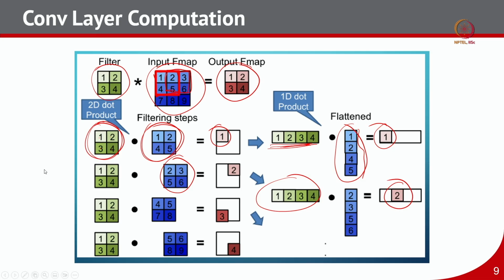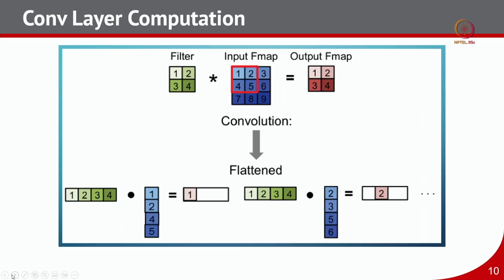So as you can see, if we flatten the input feature map as well as the filter, then we can represent this convolutional operation as plain vector multiplication. This 1 2 3 4 is multiplied by 1 2 3 4 to generate the first pixel in the output feature map, then again by 2 3 5 6 to generate the second pixel, and so on and so forth, right.